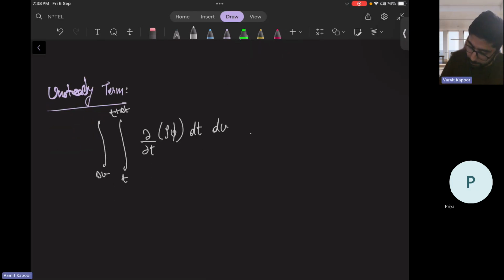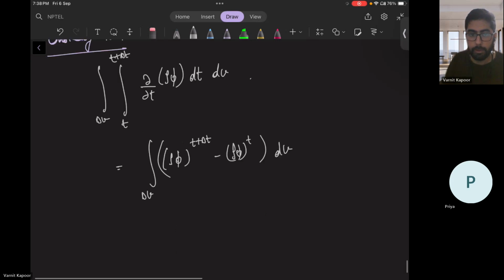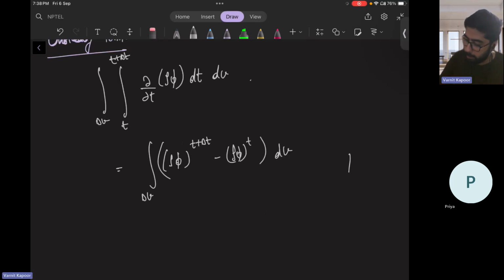That means it will be ρφ at t plus delta t minus ρφ at t, into dV. I assume that for my whole control volume, the value at a particular t plus delta t or t will be at point P, that is the center of the control volume.